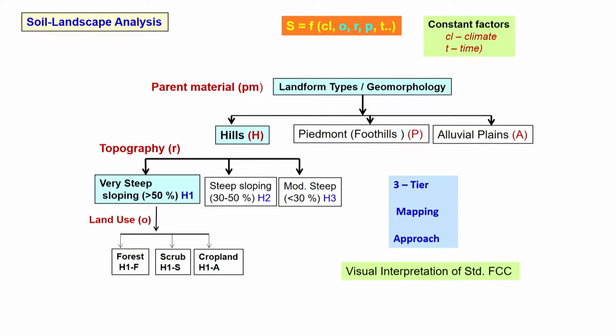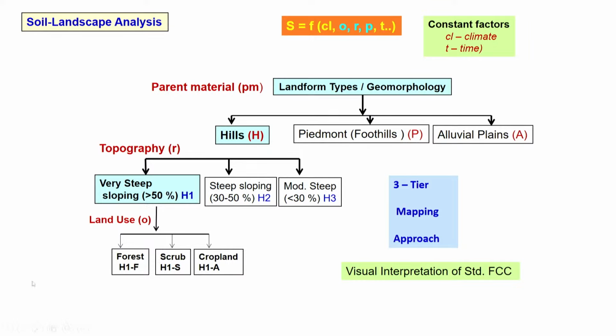If you go systematically with interpretation of your satellite data in this way, then at the end you will get map units that are similar in soil forming factors, so you can assume they will develop similar types of soils. Direct reflectance characteristics of the soils don't give you the information of soil, but here you do visual interpretation of standard FCC or remote sensing data, and you can prepare a soil landscape analysis map.